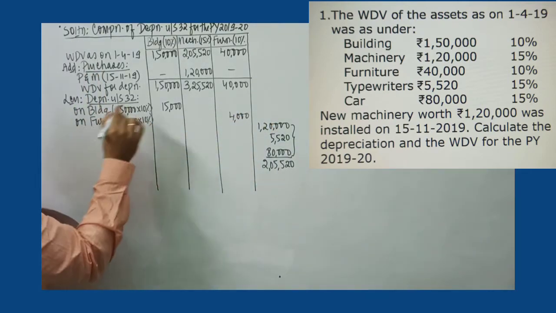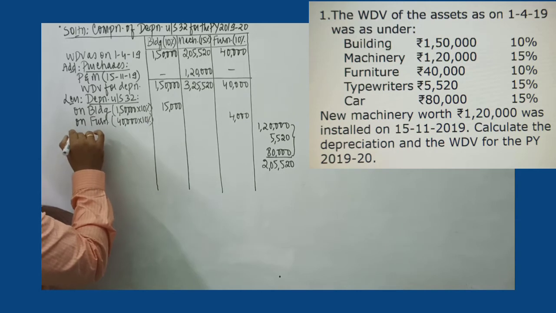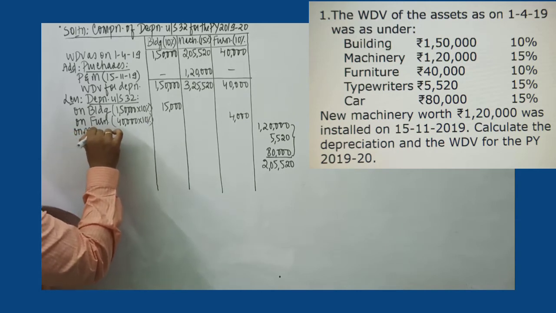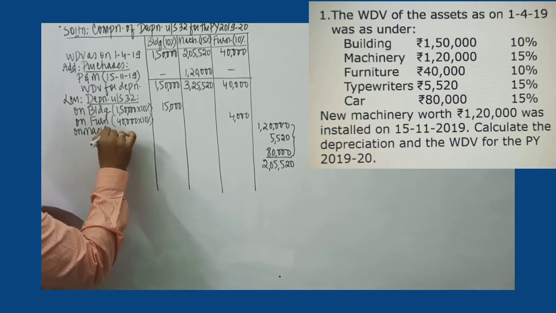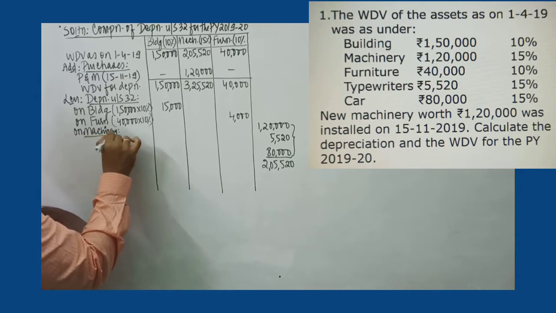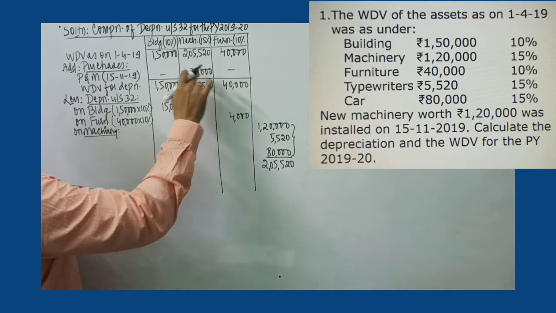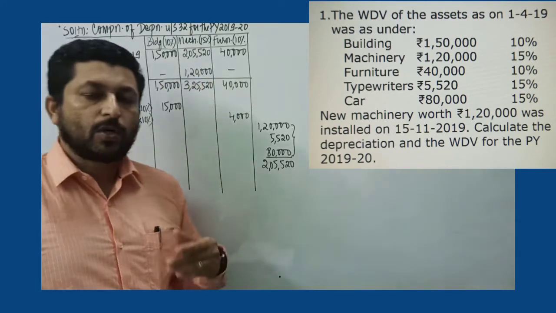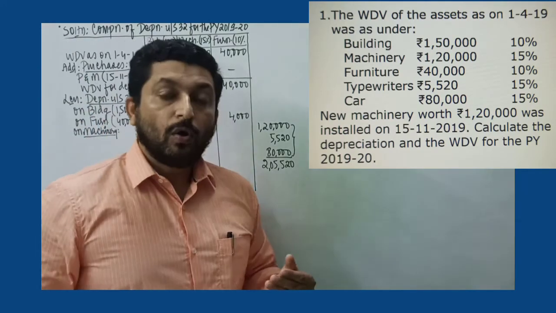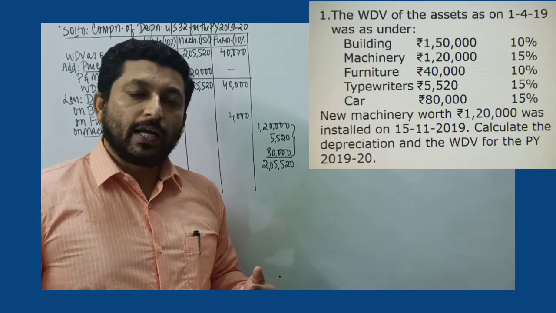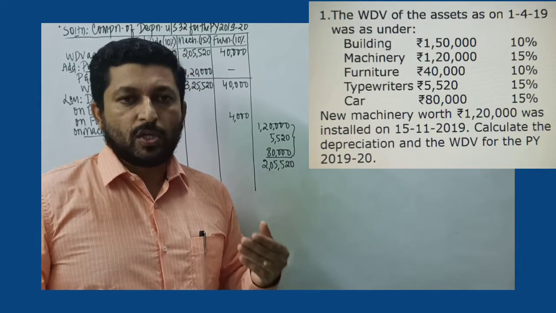Then we have plant and machinery, or we have on machinery. Now, very important point that we have to note. We have old machine and we have a new machine, and it is mentioned that this machine is installed in the factory. So, there is something called as additional depreciation as well.